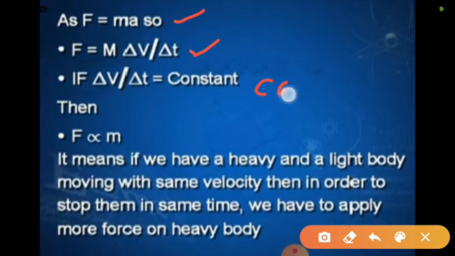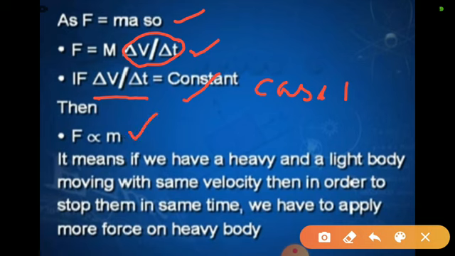Case 1 is when dv by dt is a constant. It means there is no change in velocity, and the object is moving with uniform velocity. In that case F is directly proportional to m. What do you mean by this? If we have a heavy and a light moving object with the same velocity, then in order to stop them in the same time, we have to apply more force on the heavy body.